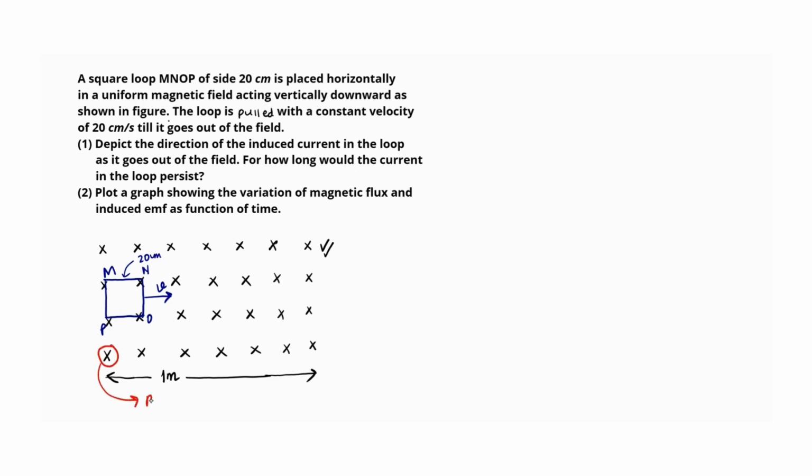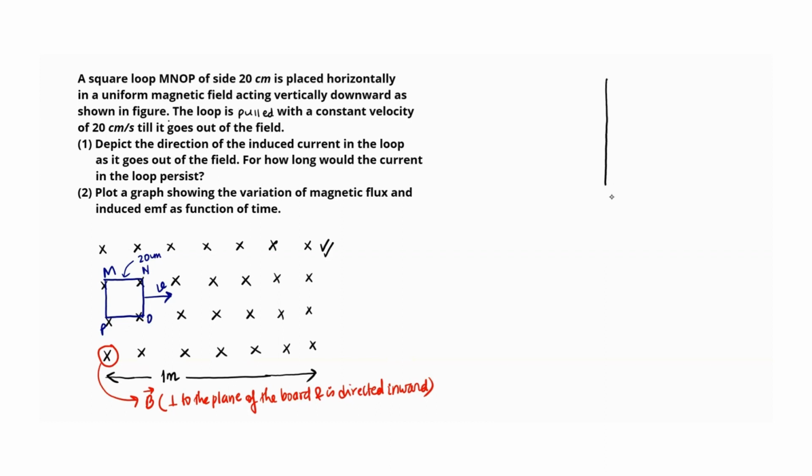Let us denote the magnetic field by the symbol vector B. So this is the magnetic field and it is perpendicular to the plane of the board and is directed inward. So we have this magnetic field perpendicular to the plane of the board and directed inward, and the magnetic field is uniform.